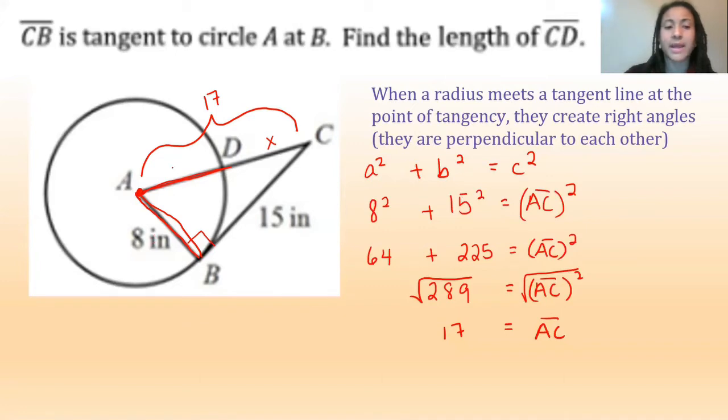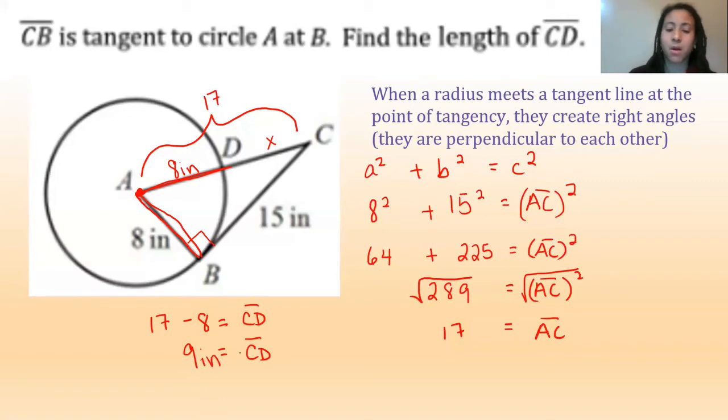Therefore, AD will also be 8 inches because it is also a radius. Now we can figure out CD. We know the entire length, and we know a part of the length, so we can find the other part. We're just going to do 17 minus 8 to get CD, and 17 minus 8 is 9. So the length of CD is 9 inches.